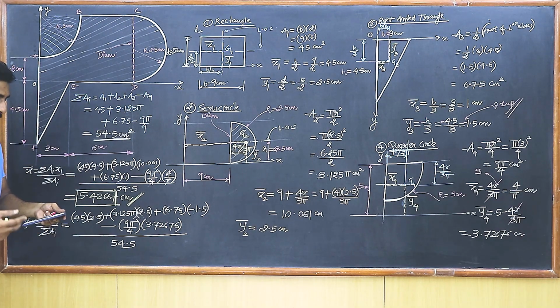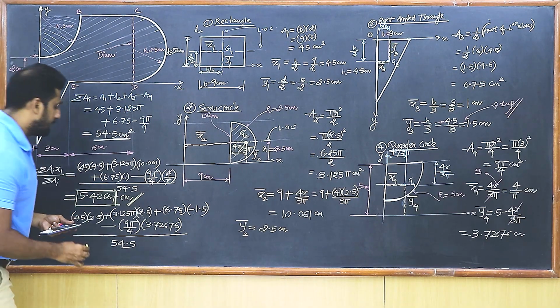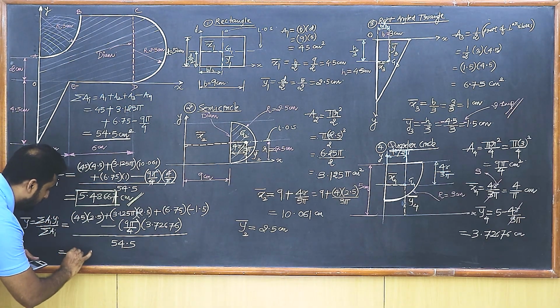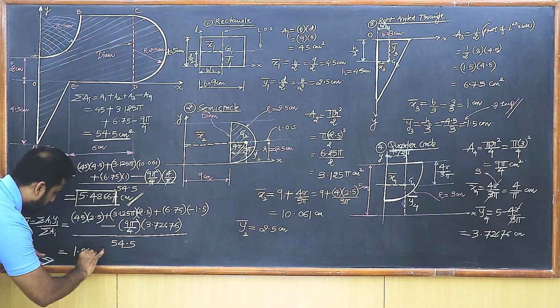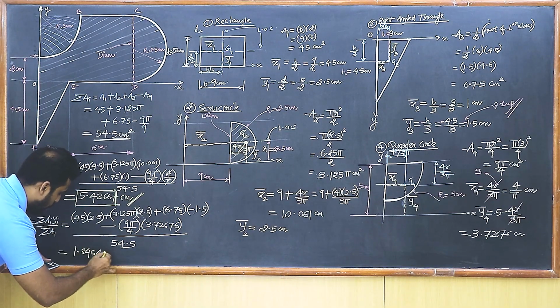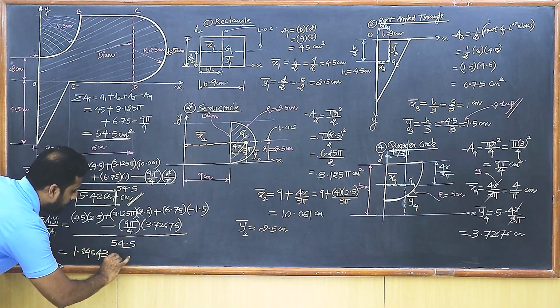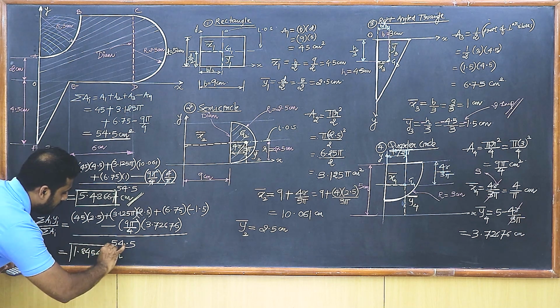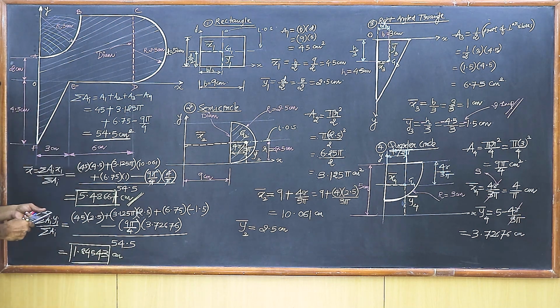You get some answer. It is 100.57577. This needs to be divided by 54.5. Your answer is coming 1.845427. So the right answer over here, 1.845427 can be written as 3 centimeters. That's the value of y bar.